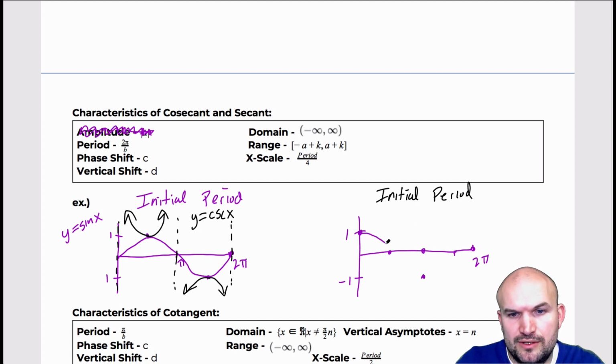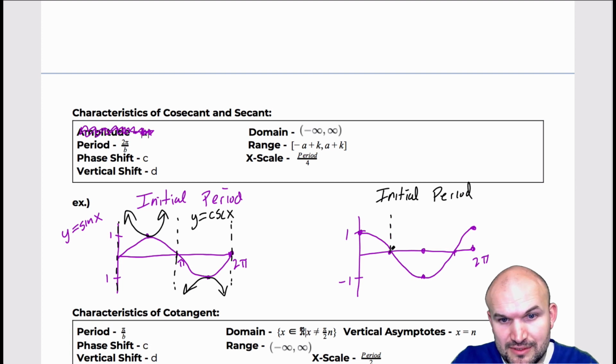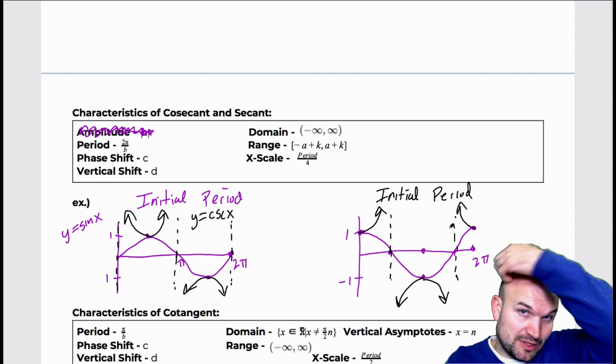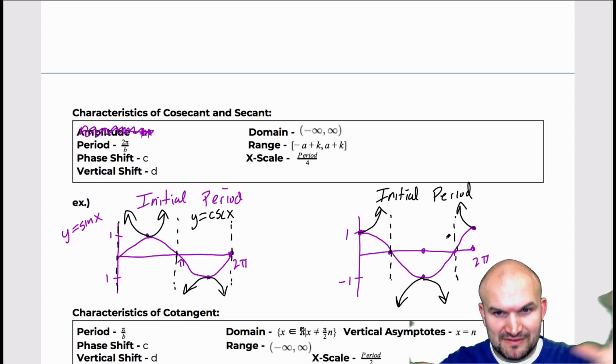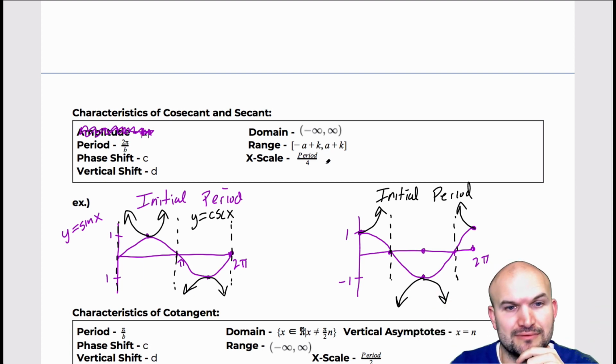And so we'll go from here up and down from there. Now, again, you can see in this initial period, we have 2 intercepts. So that's where my asymptotes are going to go. And then my curve is going to look a little bit broken up because we're only going to see 1 full curve here and the rest go. But again, as we looked in that last graph, these graphs obviously continue. This is just one initial period that we are looking at.